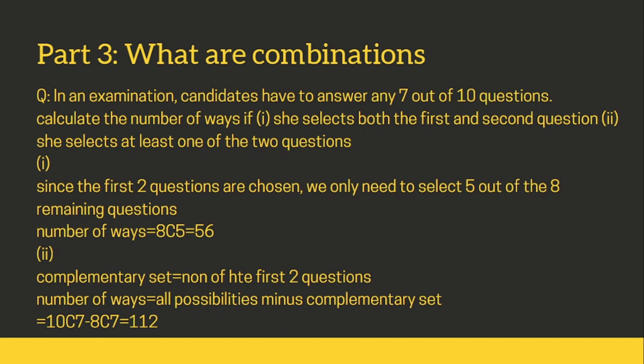Because there are 3 ways you can look at it. 1, none of the first 2 questions are chosen. 2, one of the 2 questions is chosen. Number 3, both questions are chosen. So you just minus this one specific scenario, which is just 8 choose 7, and then you can get your 112.